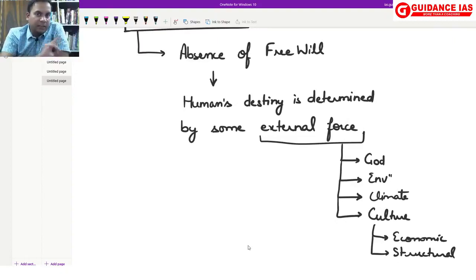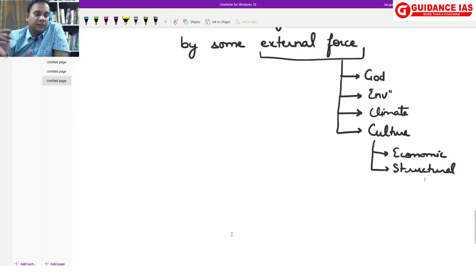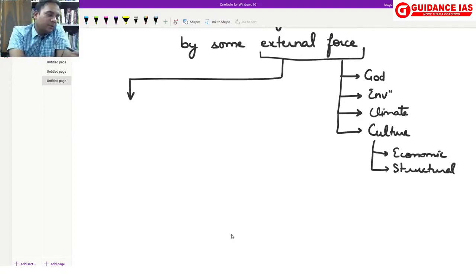And remember, I am still not talking about geographical determinism. I am talking about which determinism? General. What is the meaning of this term? Generally, what is the meaning of the term determinism? So human's destiny is determined by some external force. That is determinism. Now tell me, when we are talking about external force, what happens?